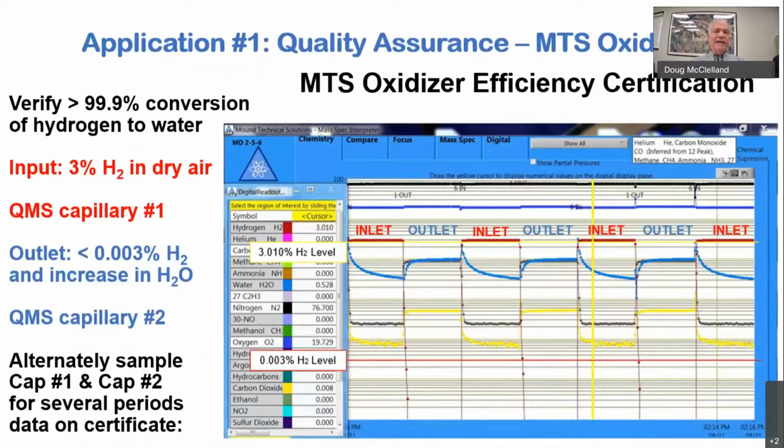Just under the word inlet, you'll see a red plot. That red plot is the hydrogen plot. You'll notice that it's right at 3% measurement. That's the hydrogen coming into the system. Above that red plot, you'll see a blue line, which is the oxygen, and a black line, which is the nitrogen. So that's the air that's in the system going through our sample.